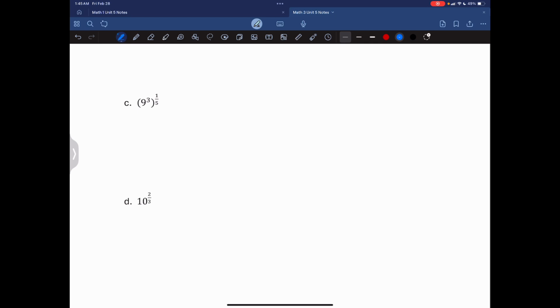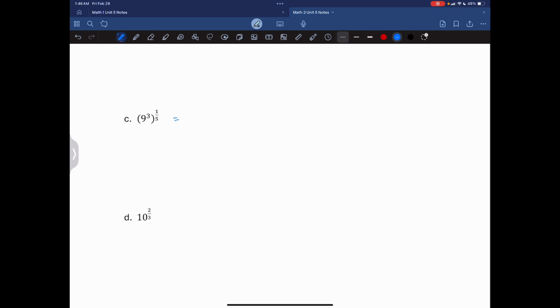So letter C and D, right, we're going to do these together. I'm just going to rewrite this so it's going to be 9 to the 3/5. Okay, well we can't take the 5th root of 9, because it should be 3 times 3. That's really the only thing we can do there. So for examples C and D, we have 9 to the 3rd, all raised to the 1/5.